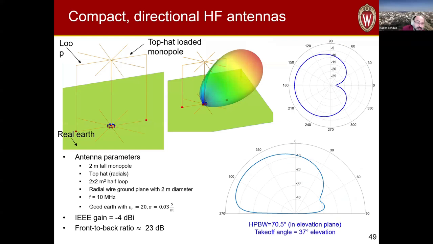So you can think about more realistic implementations of this. Again, if you have a bunch of wires to build your antenna from, and these antennas tend to be physically large, you can implement your combination of a monopole and loop antenna using a structure like this that I'm showing here. So what we're looking at here is a monopole antenna with a bunch of radial wires.